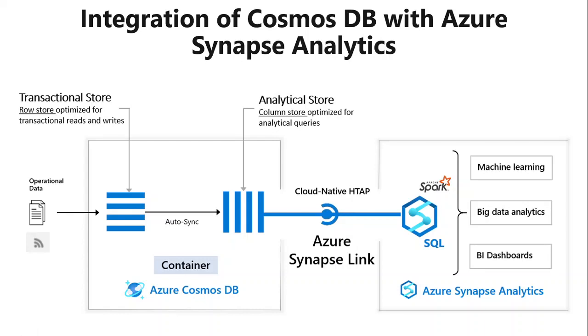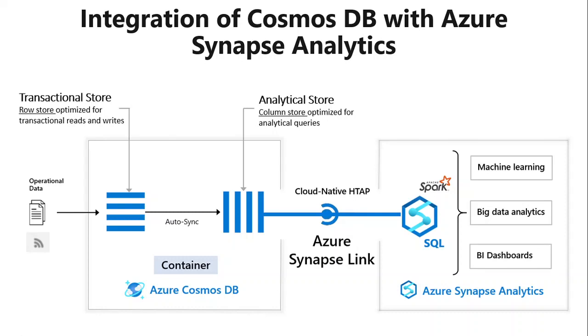So that's the challenge: we are duplicating the data, and it involves relocating, which may have ETLs and those kinds of processes involved. That's where the Azure Synapse Analytics HTAP approach comes in.